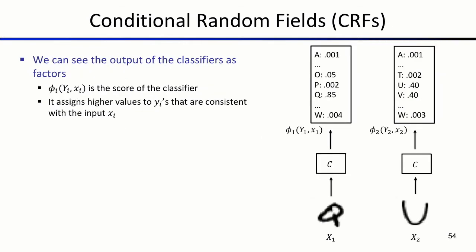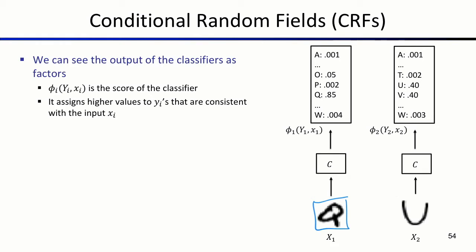And when we provide one image to a classifier C, what we're going to get as output is a sort of table where we have all the possible class labels. In this case, it's going to be all possible letters, and we have 26 letters here. And for each letter, we're going to have associated one number. And this number is the probability of that letter given the input image that we have.